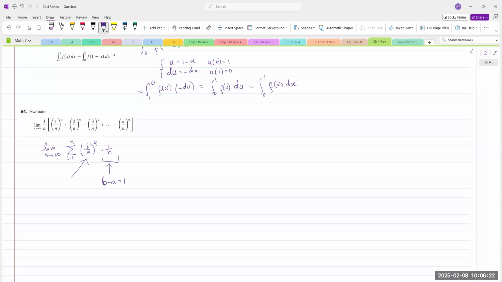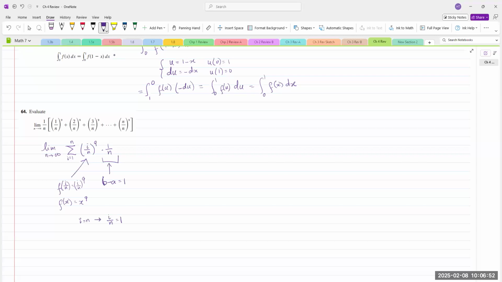And this tells us f(i over n) equals (i over n) to the ninth, so our f(x) is x to the ninth. When i equals n, i over n equals 1.